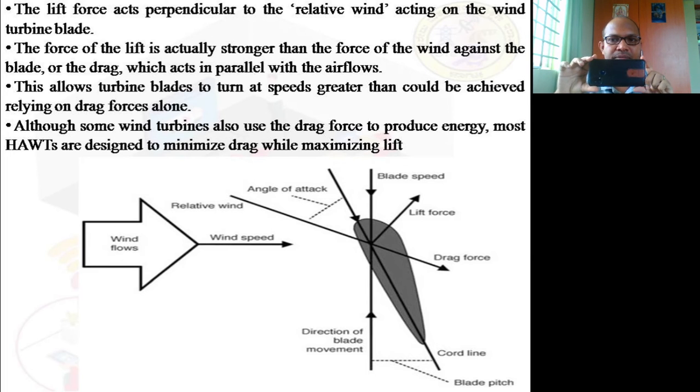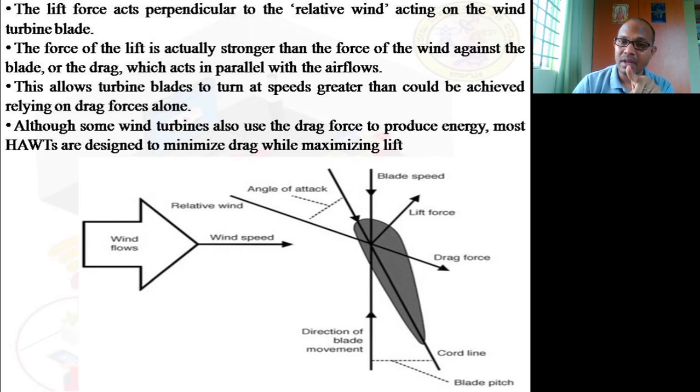Have you seen any fish like this? Fishes will always be designed like this, small and able to penetrate. So that is the reason why even aeroplanes or ships are always made in order to minimize the drag forces.